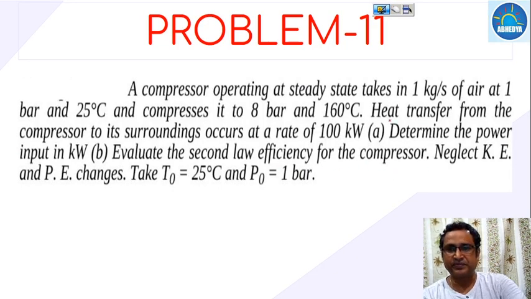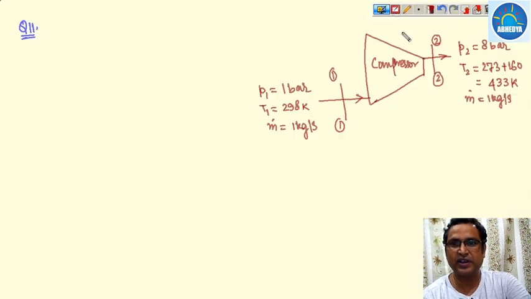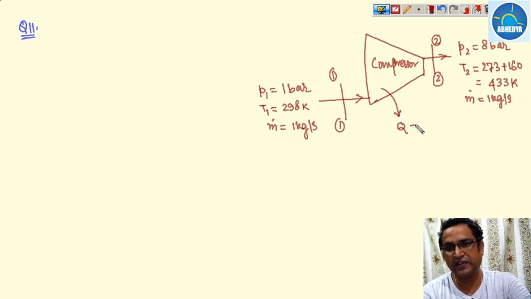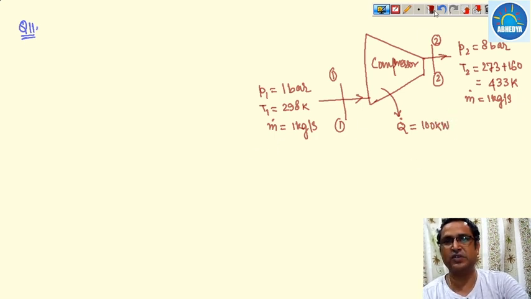Heat transfer from the compressor to its surroundings occurs at a rate of 100 kilowatt. Now it is given that this compressor is transferring 100 kilowatt of heat. Rate of heat transfer is 100 kilowatt. This is given in the problem.